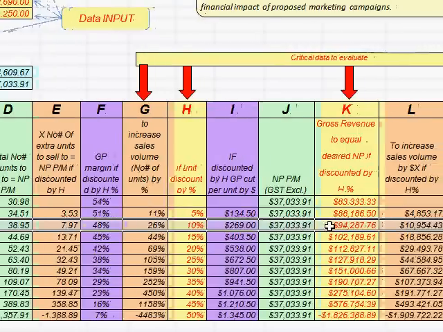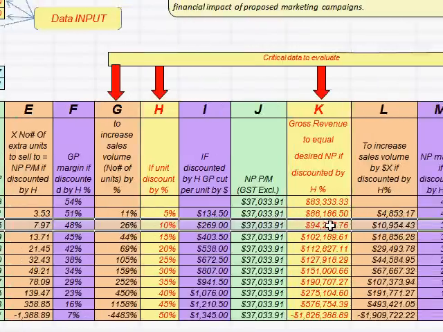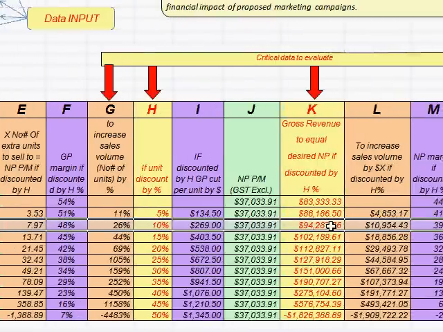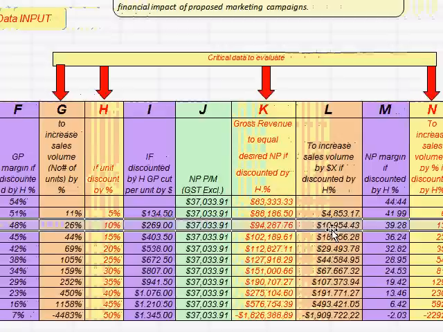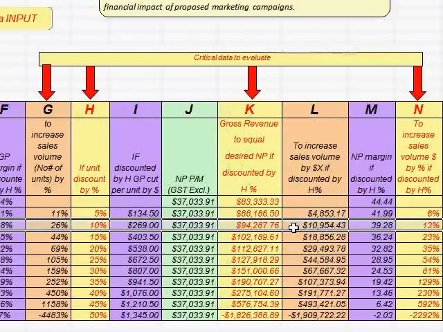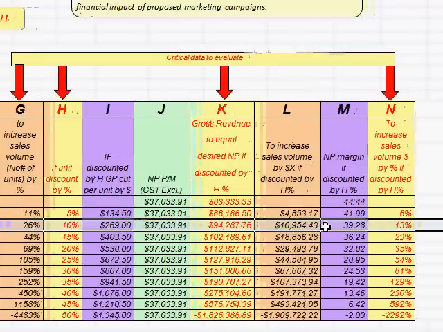And basically we need to increase the volume, the turnover for that particular month. Instead of selling $83,000, we need to sell $94,000. As you can see here, it is a dollar value increase of $10,954.